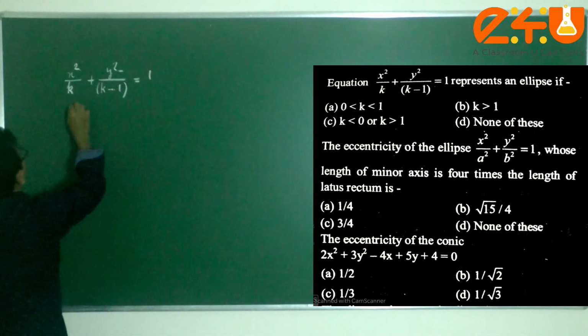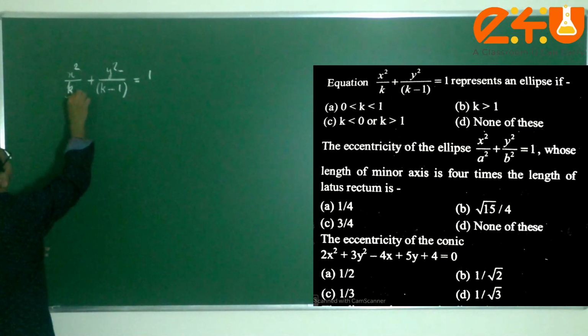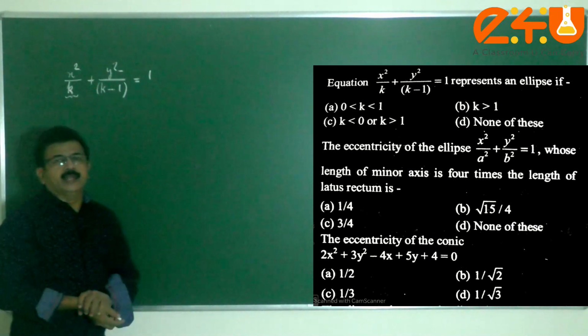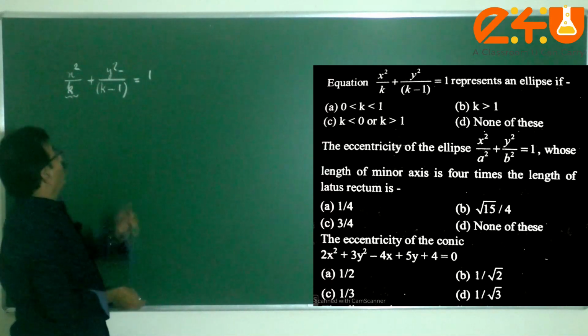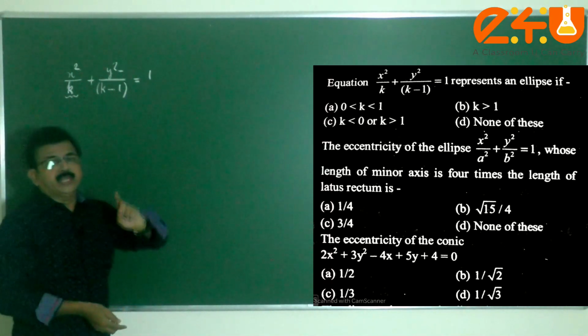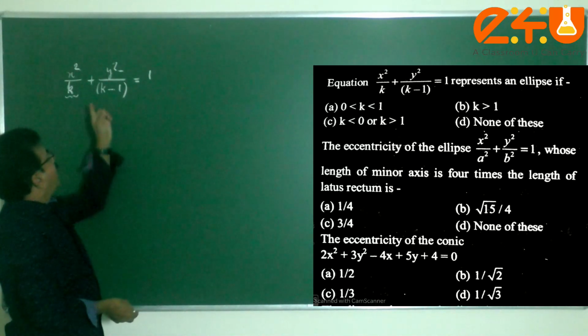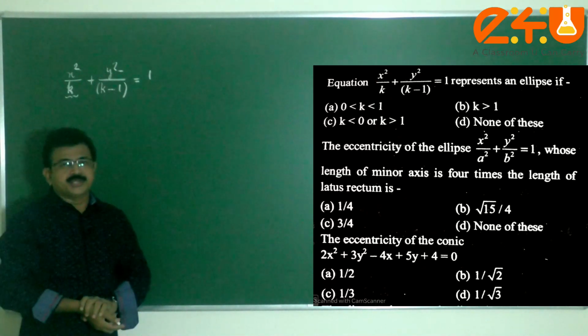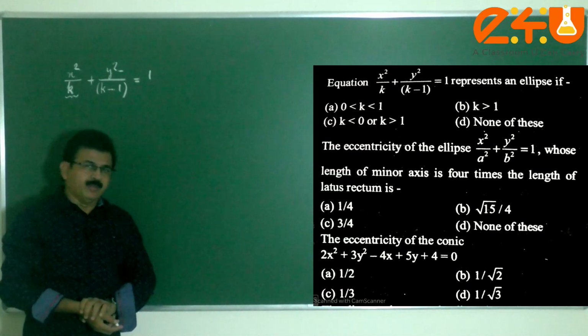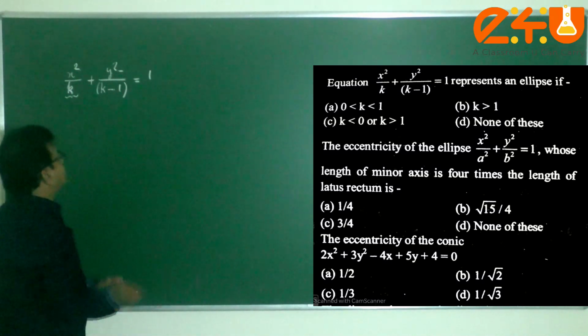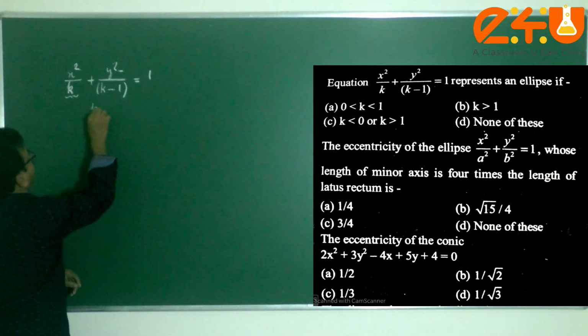Well, we know the k underneath x square represents the square of the semi-major axis. K minus 1 also represents the square of the semi-minor axis, which means at least we know this much.